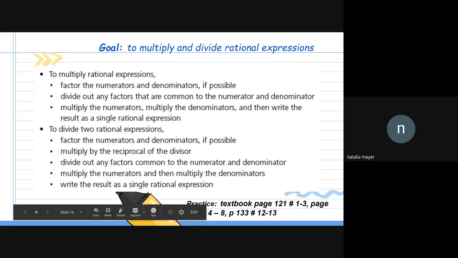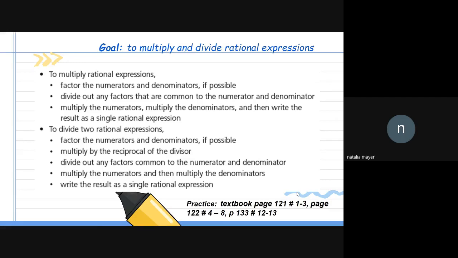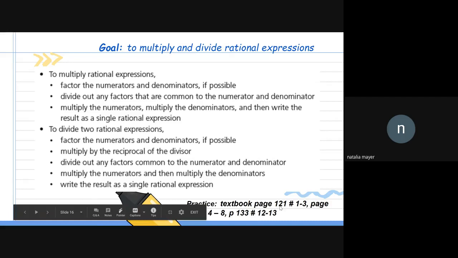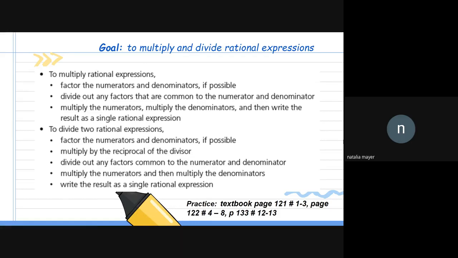What I'm going to do right now, I'll take examples from here. One example for multiplication, one for division. And I will write down everything in steps. So please take notes of those steps. So we're working with these questions. Someone was asking for the page. We'll start with page 121 from 1 to 3. And the rest is here. If you want, you can write it down now.